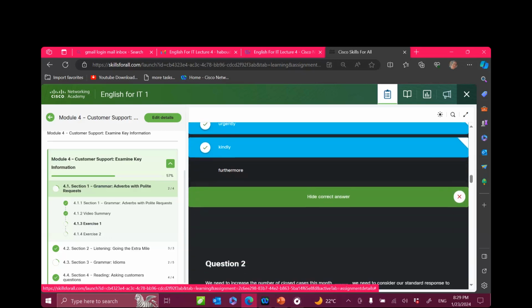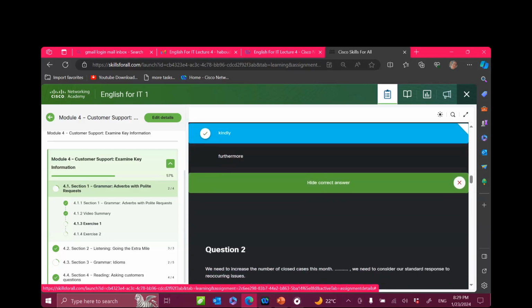Question number 2, it says, we need to increase the number of closed cases this month. We need to consider our standard response to reoccurring issues.